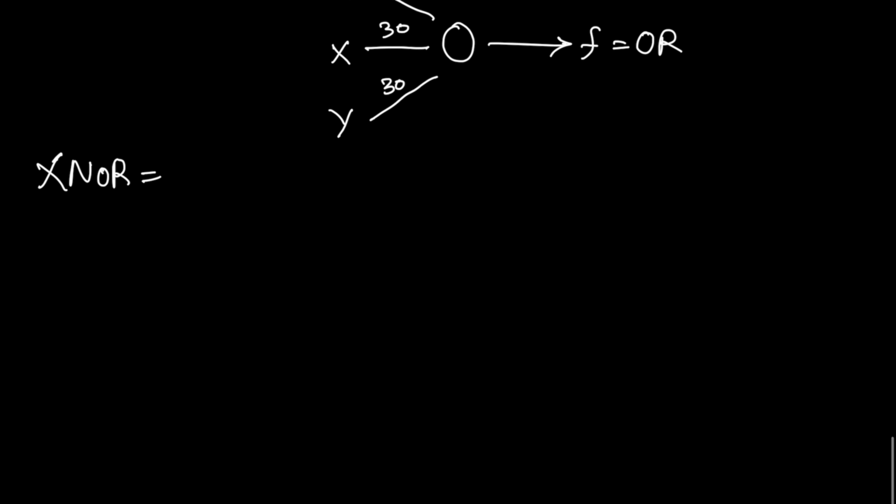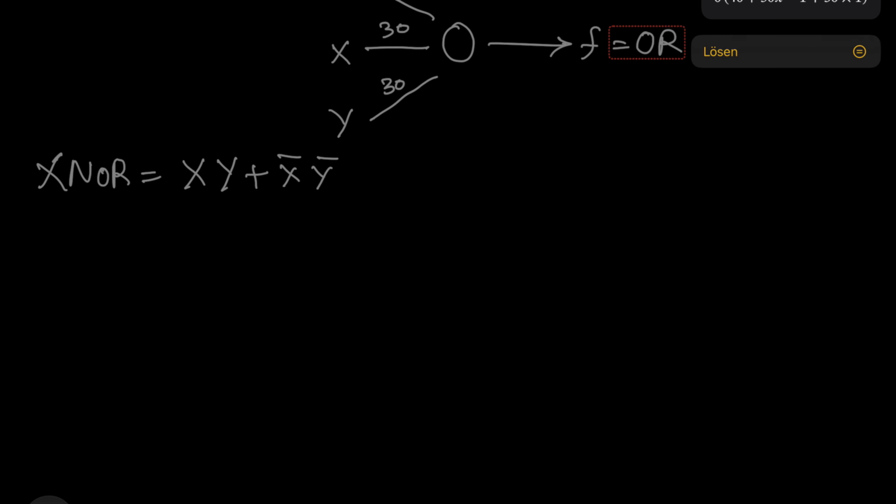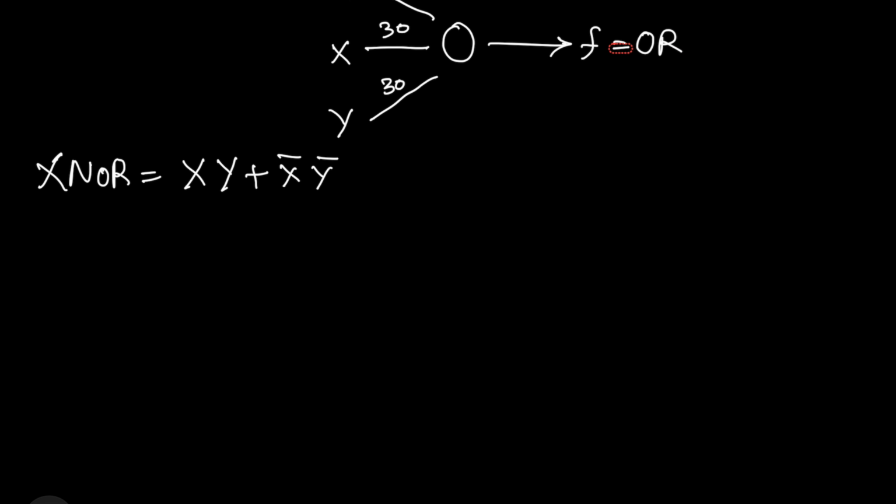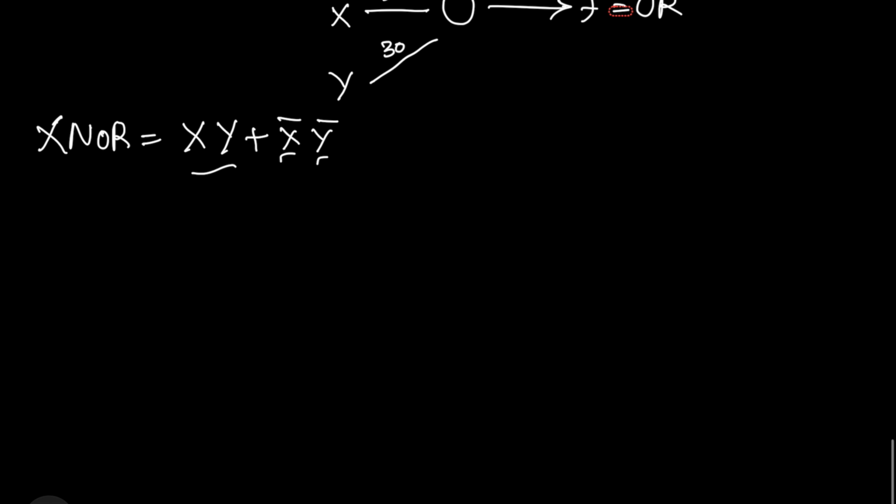Now we have everything for XNOR. So for XNOR we have xy plus x complement y complement. Now let's see, we had xy. Now what is x complement y complement? Well, it is exactly the same as xy. Why?